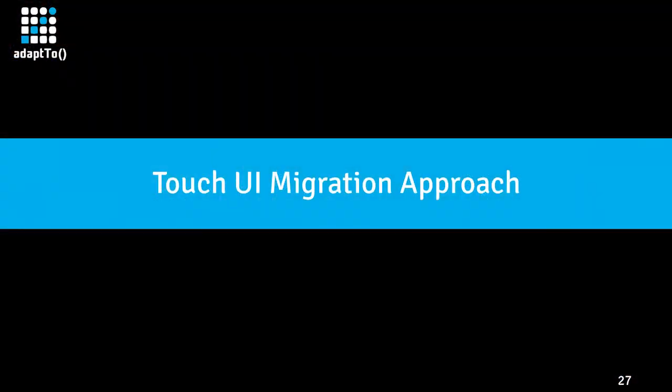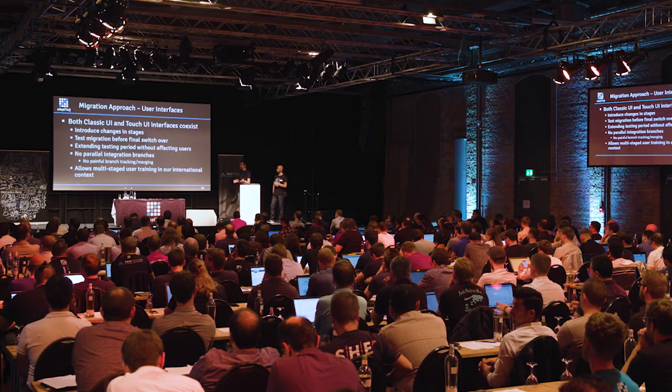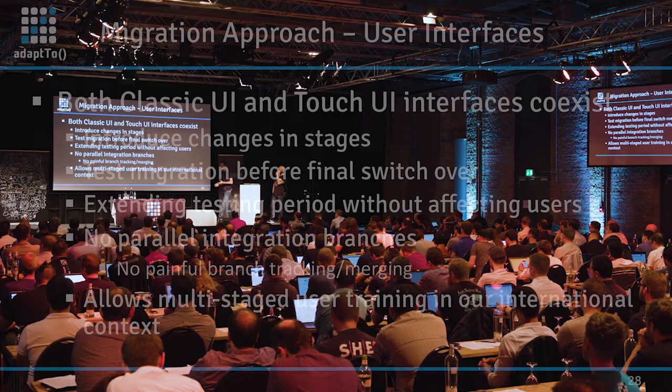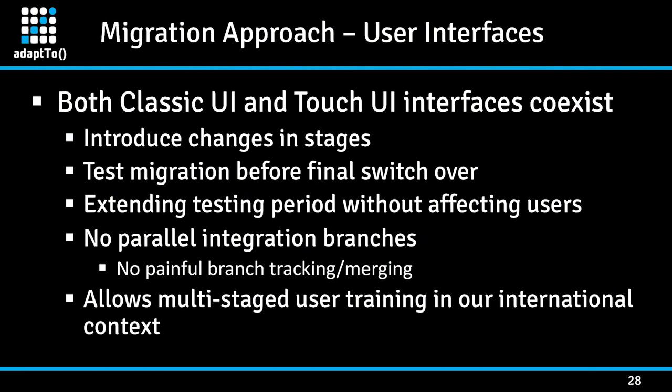All right, let's talk about the general migration approach that we took, or that are possible, and we found interesting. So regarding the user interfaces, Classic and TouchUI, the advantage you can take is that you can actually use both UIs in parallel, right? So you can use Classic UI at the same time.